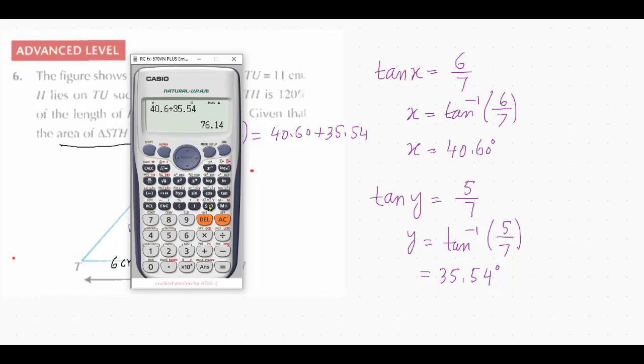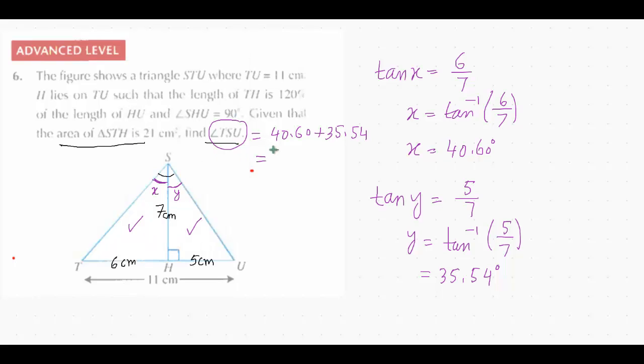It is 76.14. And according to the Cambridge, the final answer of angle should be rounded up to 1 decimal place. So the final answer, angle TSU, will be equal to 76.1 degree. So this is our answer.